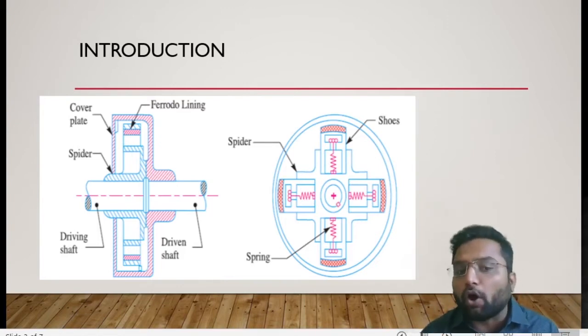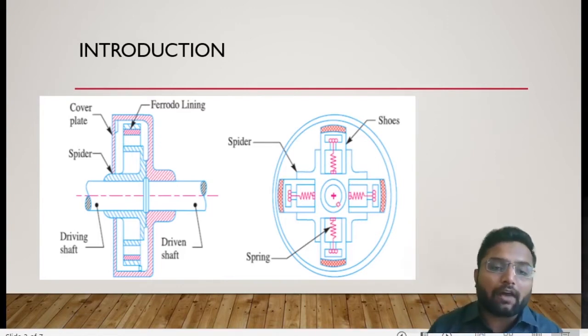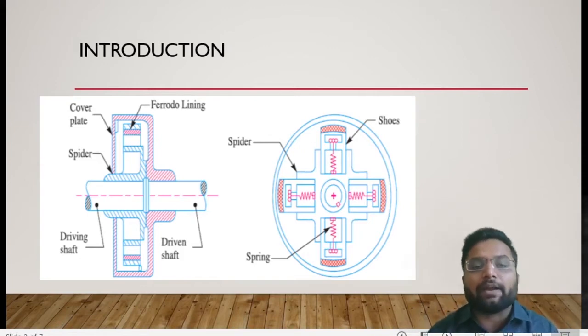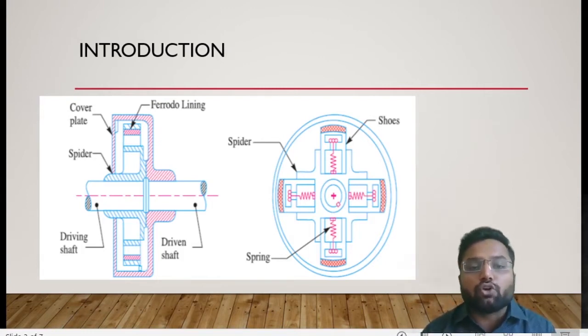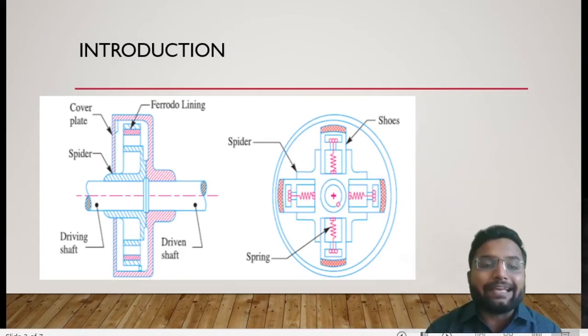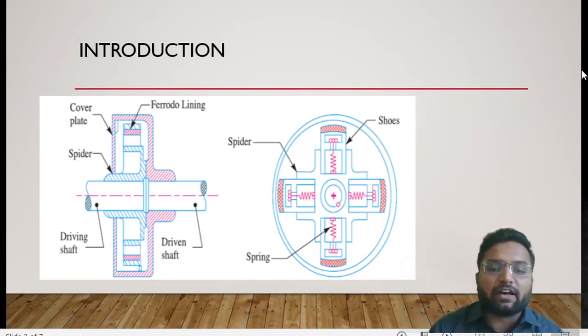I hope you got this point. So our requirement is to generate that counter torque with the friction, or you can say frictional torque. So our spring loaded mass should remain in contact with our driving line. Clear?